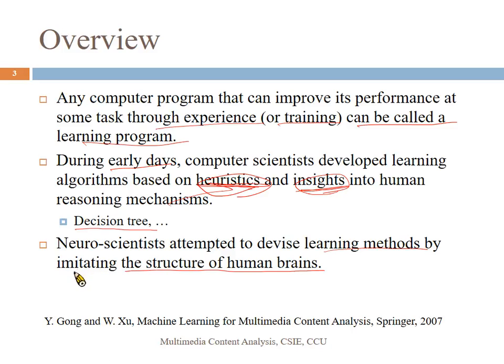So let's build the thread or the recent thread of deep learning in recent years. So we will talk about the deep learning technology later. And the following slides are mostly coming from this book, Machine Learning for Multimedia Content Analysis, published in year 2007.